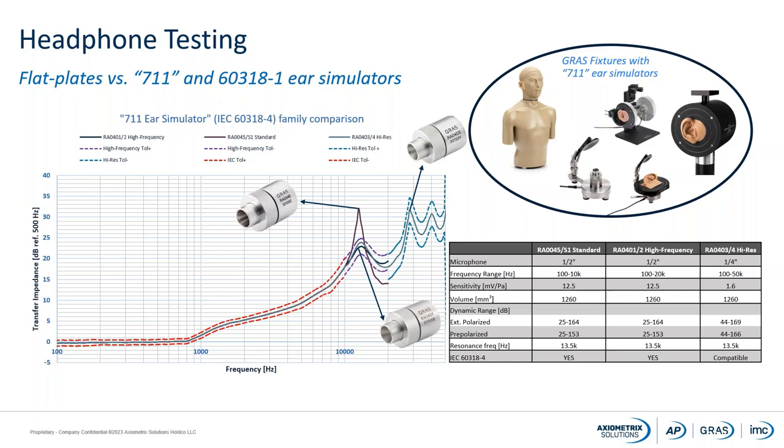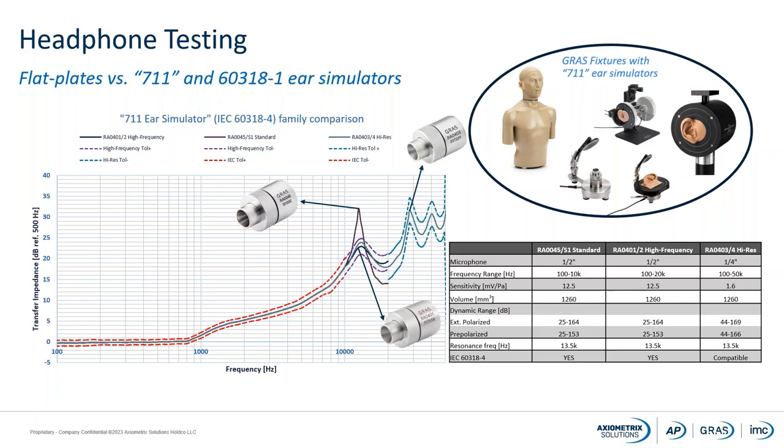So we have actually extended the working area of the ear simulator from 10 kilohertz to 20 kilohertz. And this has been done by damping the resonance. We still have it, but we have damped the resonance, and it gives us a very reliable measurement between 10 and 20 kilohertz.